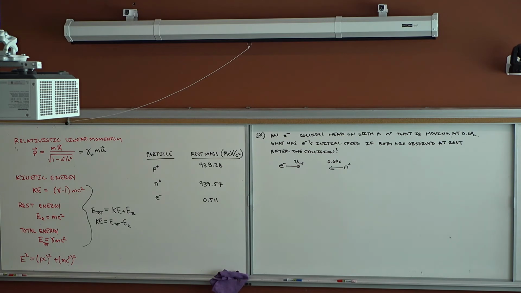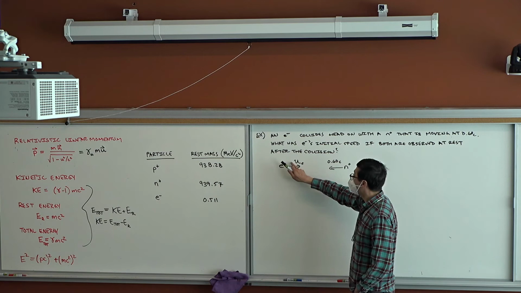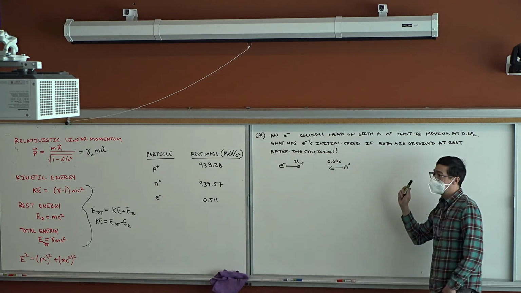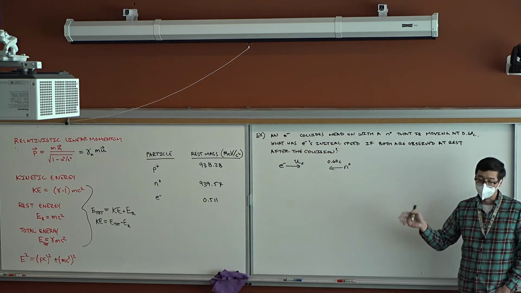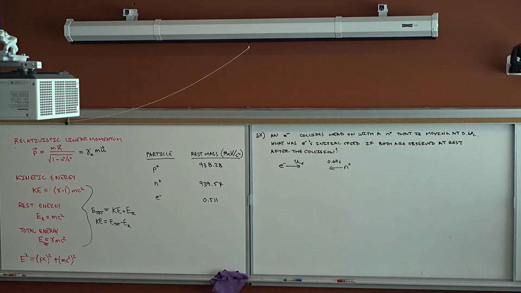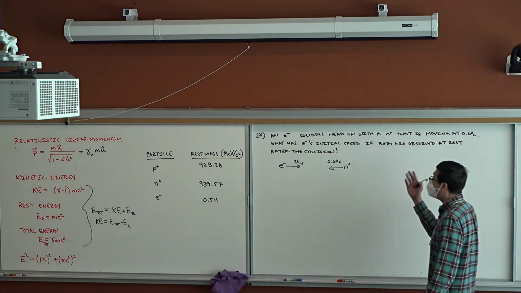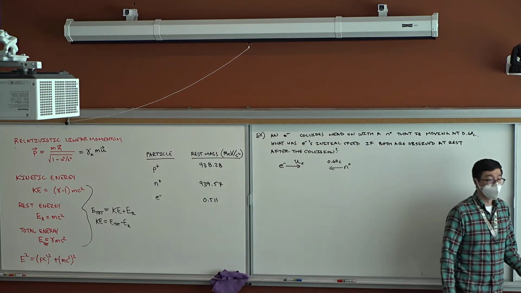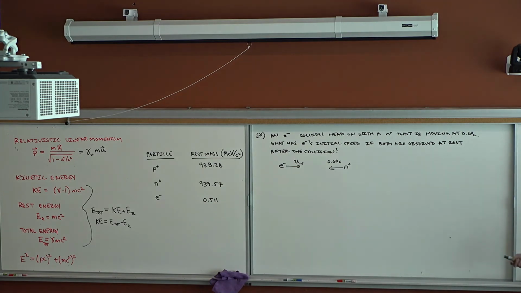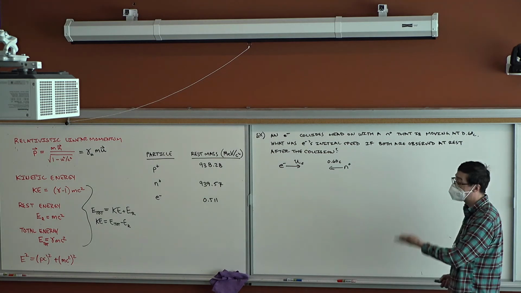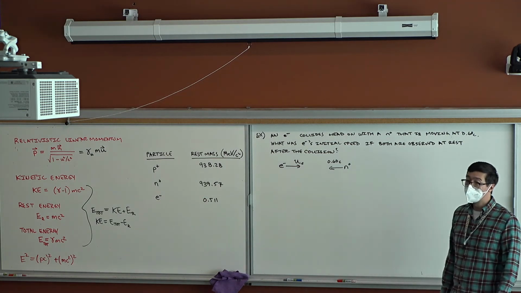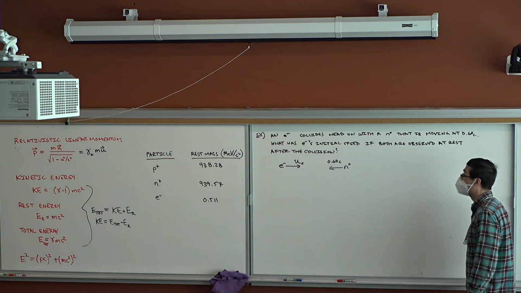The question is, what speed before the collision did the electron have in order for them to both be observed at rest afterwards? As I already gave away, this is a momentum problem. After the collision, what's the momentum? Just 0. And if we believe in conservation of momentum, then the momentum before the collision also had to be 0.